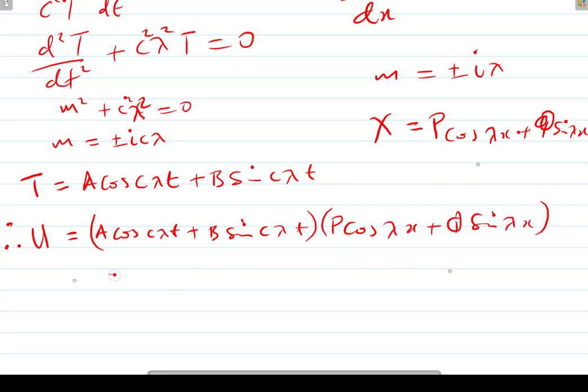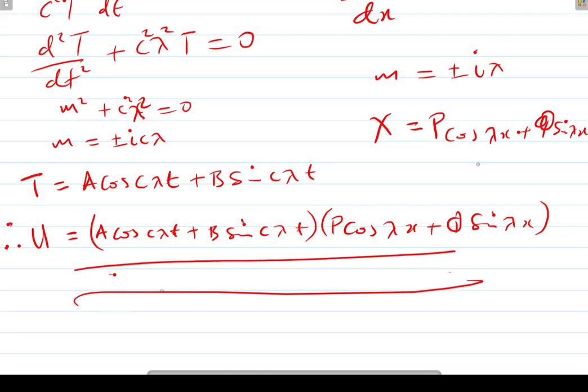So you stop here because there are no conditions that can help us to find these constants, because we are not given a boundary condition, neither were we given an initial condition. So nothing was given, so we leave it as a general solution like this.